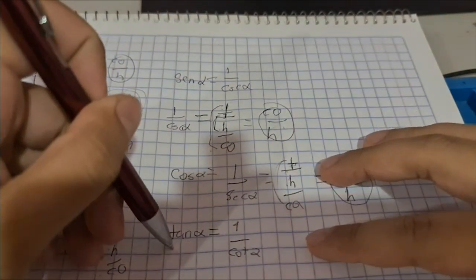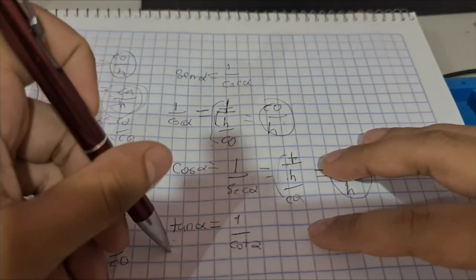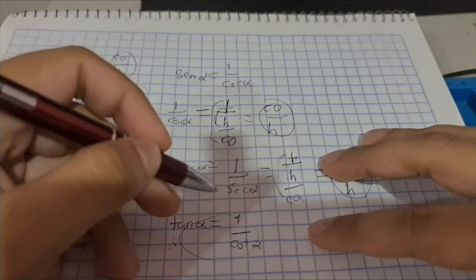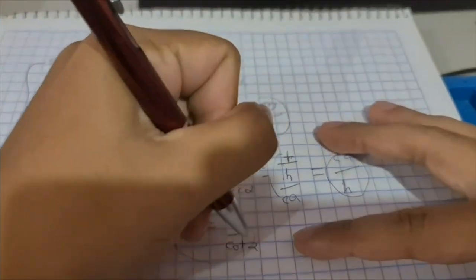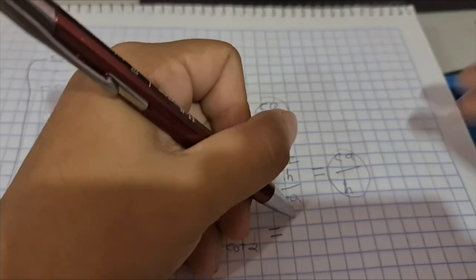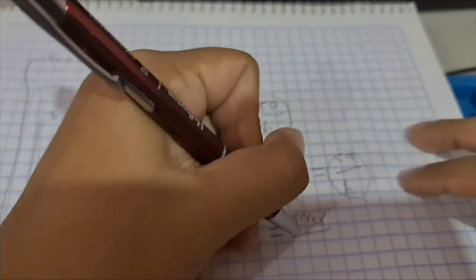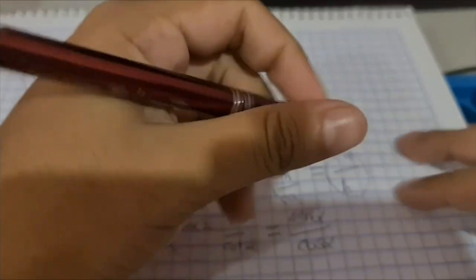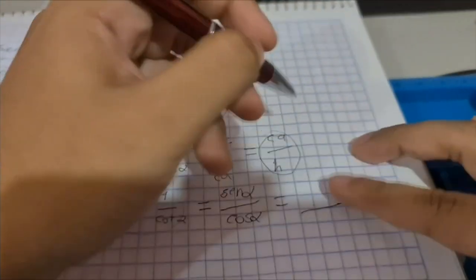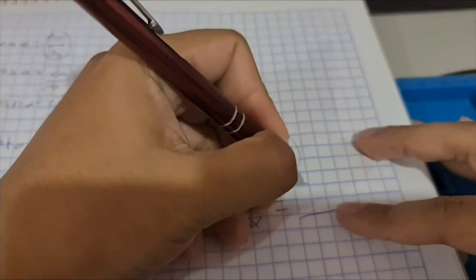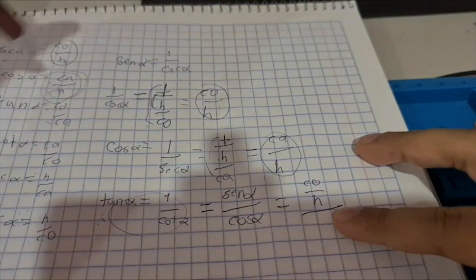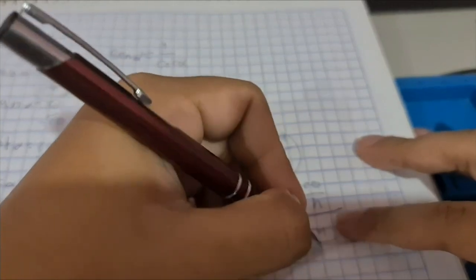Well, here we can check that we can make the comparison with this reciprocal, but also we need to remember that this one is equal to sine between cosine, and now we know that sine is equal to opposite leg between hypotenuse, and the cosine is the adjacent leg between the hypotenuse.